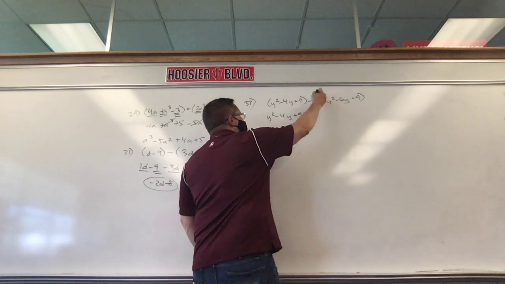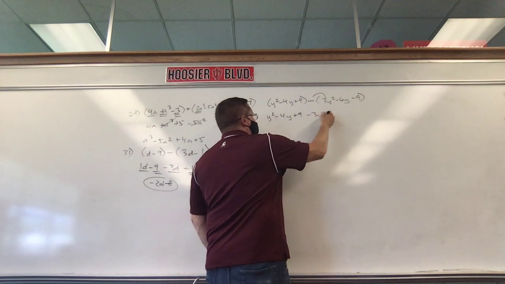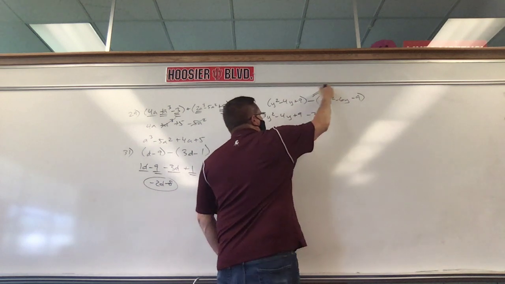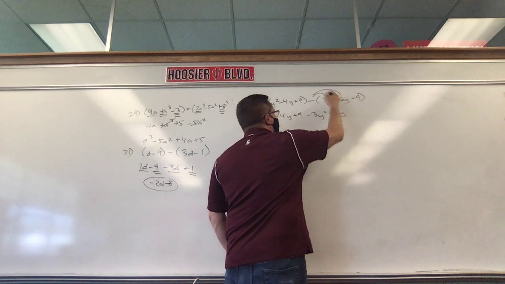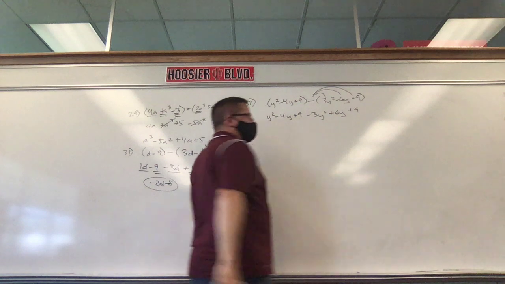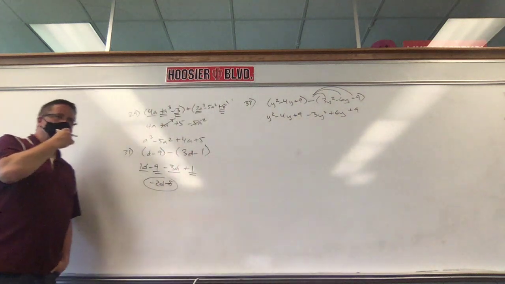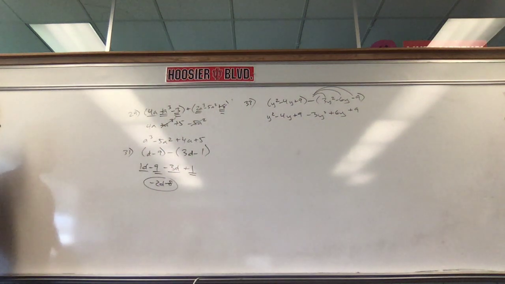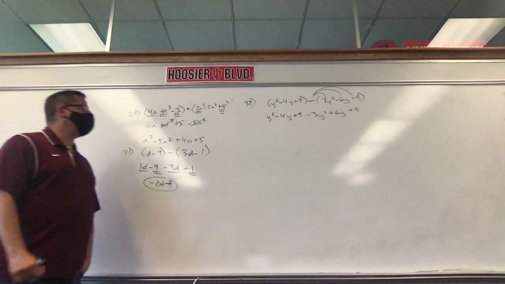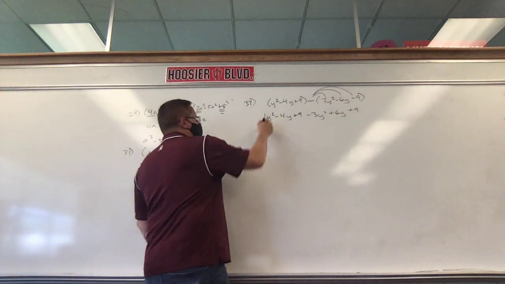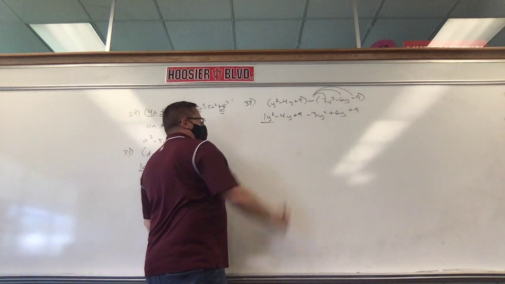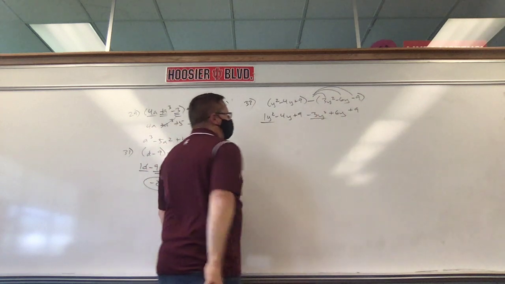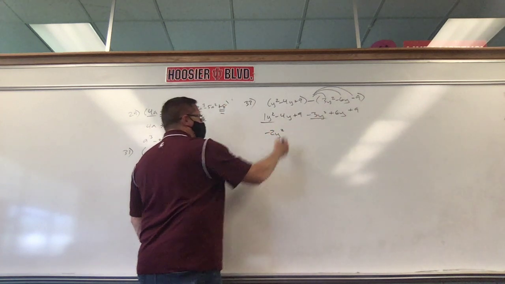Then distribute the negative sign, so 3y squared turns into negative 3y squared. Negative 6y turns into positive 6y. And negative 9 turns into positive 9. That's all we're doing is distributing the negative and everything changes to the opposite. Then we combine the like terms. There's a 1 in front of this y squared. 1y squared and negative 3y squared is negative 2y squared.